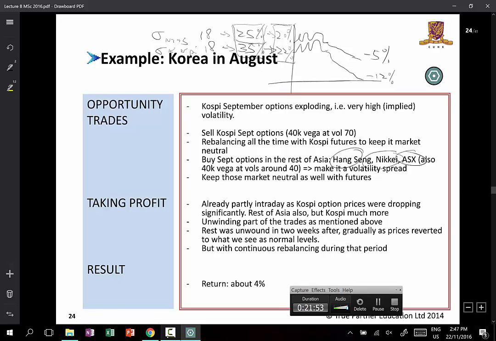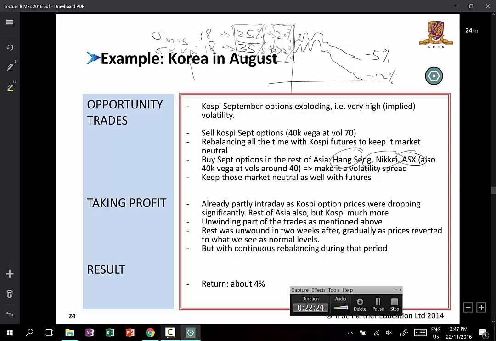Now I ask you, if you really have a view like that, and if you are 125% rock solid confident that this will happen, how are you going to trade this, okay? So of course you are going to short. You want to short the Korean volatility, and you want to go long the Japanese volatility. And when you do that simultaneously, it doesn't matter which direction they go.